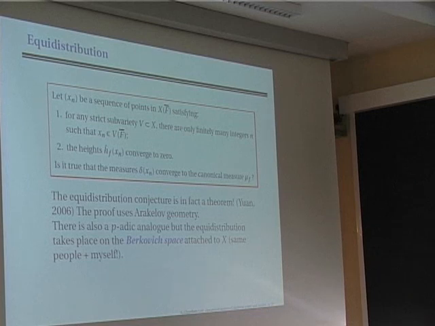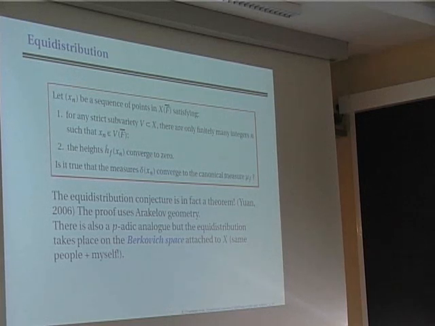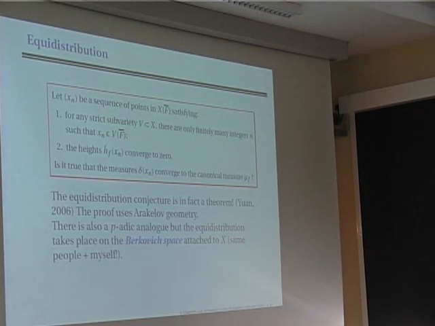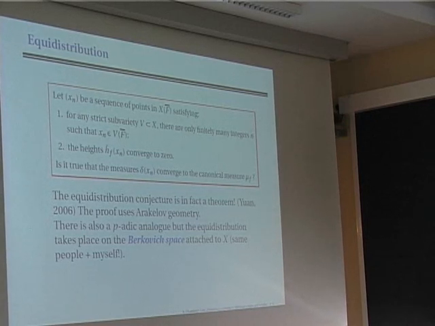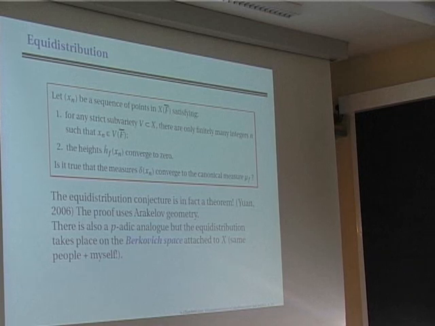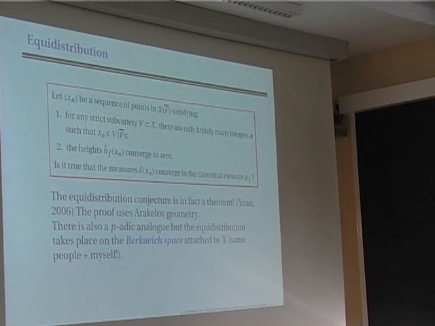But for these analogs, it's not sufficient to look at the C_p points, the classical points over the completion of the algebraic closure of Q_p. One really has to look at what happens on Berkovich spaces. And these Berkovich spaces are the place where equidistribution takes place.